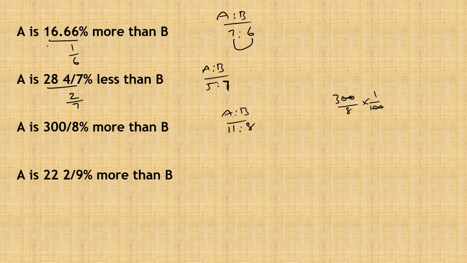A is 22 2 by 9% more than B. 22 2 by 9% denotes 2 by 9, that is 1 by 9 denotes 11 1 by 9%, and 2 by 9 denotes 22 2 by 9%. The compared number B is 9 and A is 2 more than B, that is 11.